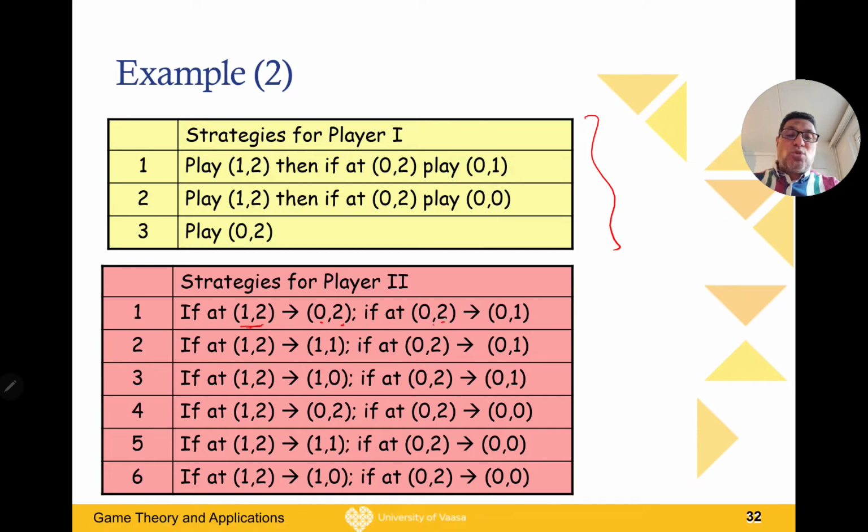But if at 0-2, they can play 0-1. Because here, if you can see, at 0-2 you can move 3 times to 0-1, because we have 1-2 at 0-2, 1-2 at 1-1, 1-2 at 1-0. And then we also have 3 times 1-2, the same, we repeat them here because we have another chance that if player 2 is at 0-2, they can play 0-0.